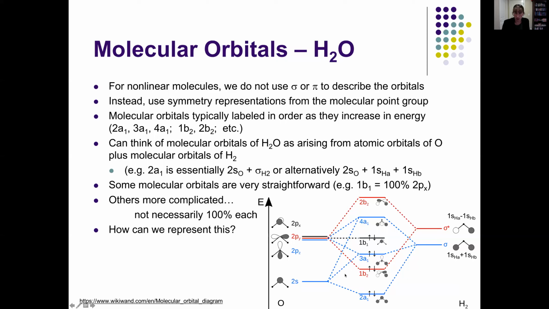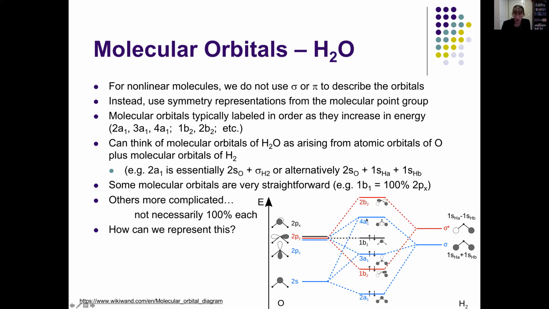So when you see these kinds of representations, 2a1 or 1b2, those represent the irreducible representations that come from a molecular point group. We label our orbitals in energy, so as we go up in energy, we increase the labeling. We label them by the irreducible representation, so for example, here we have 2a1, go up to 3a1.